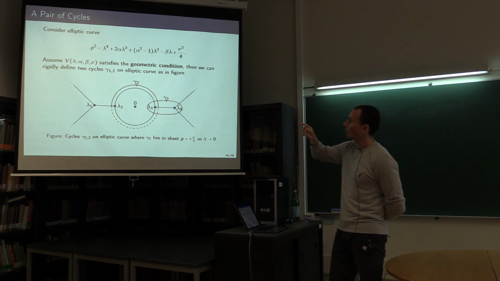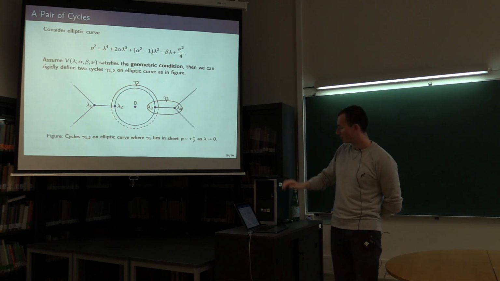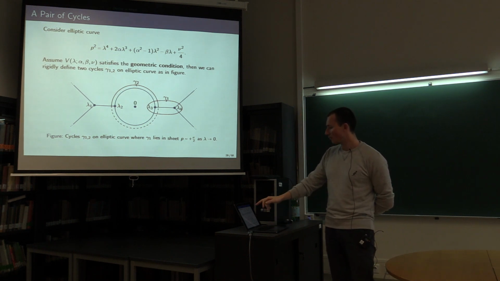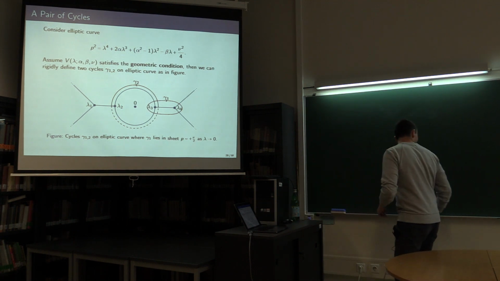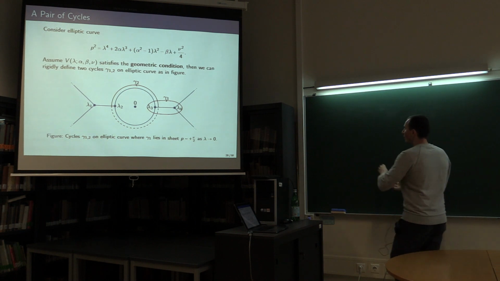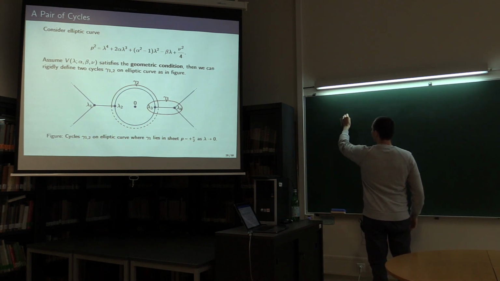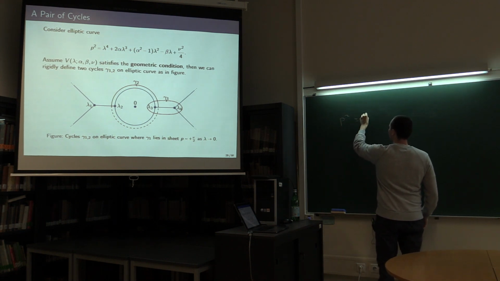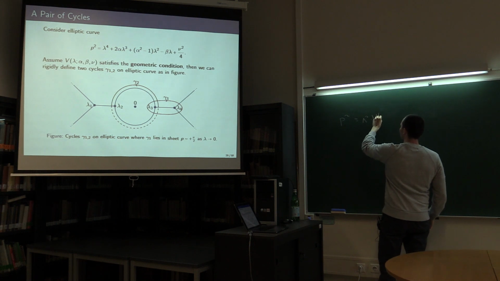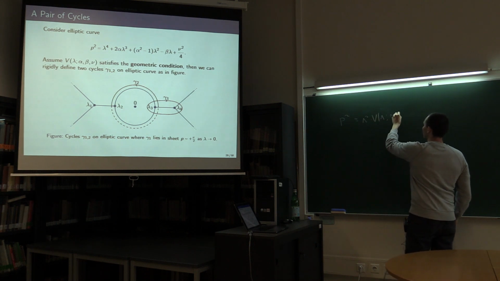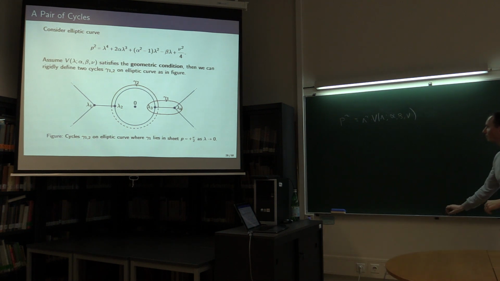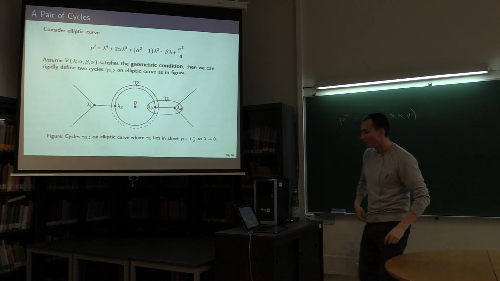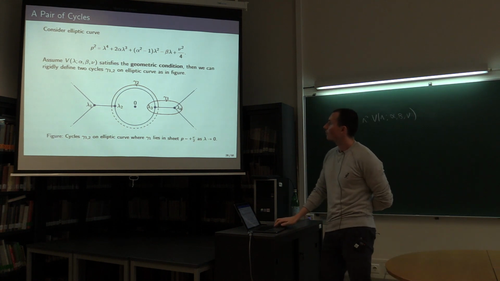So if you consider this elliptic curve, p squared is equal to the potential, so the elliptic curve is this one.